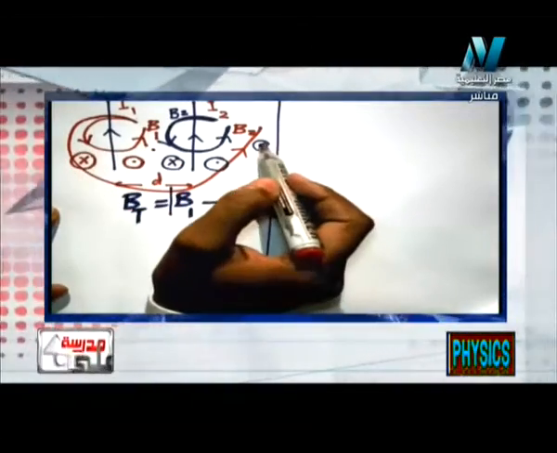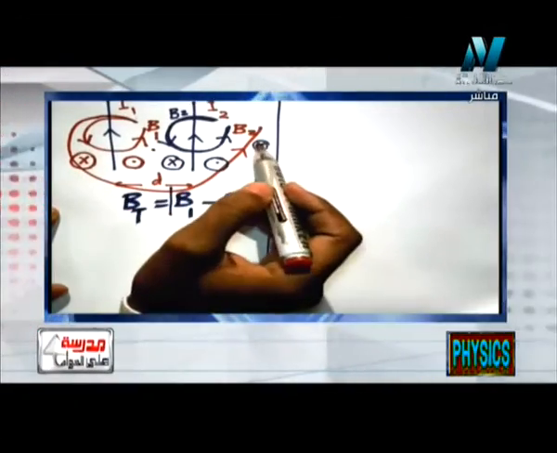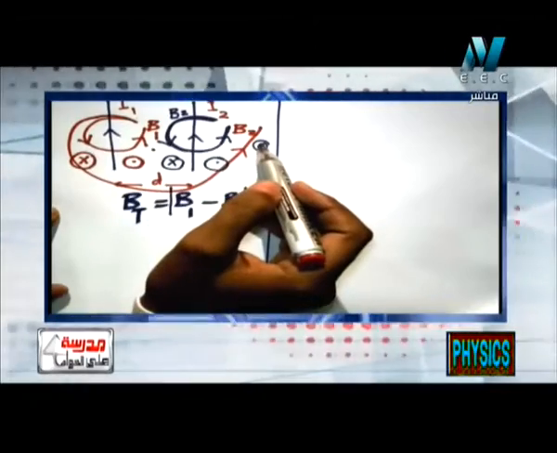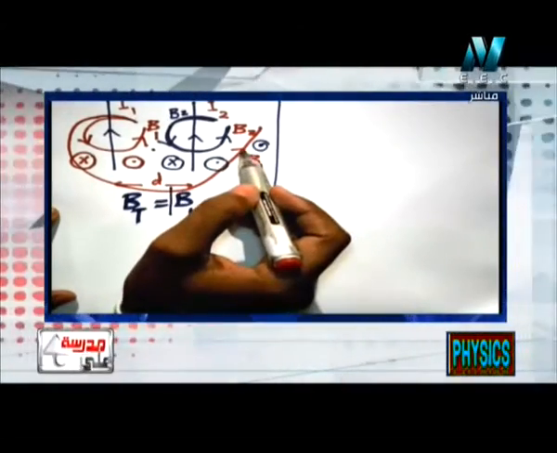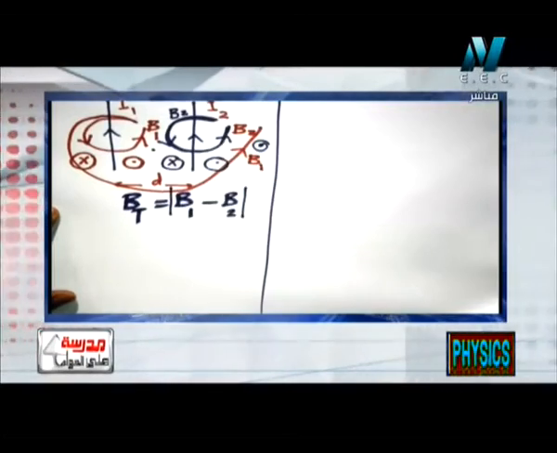And here, at a point located outside the two wires, we can see that the direction of beta 1 is the same direction as beta 2.